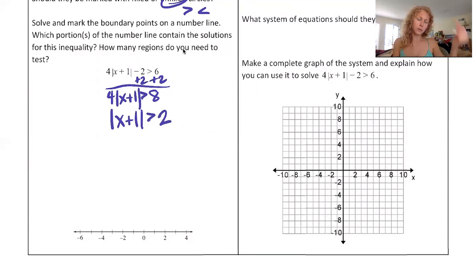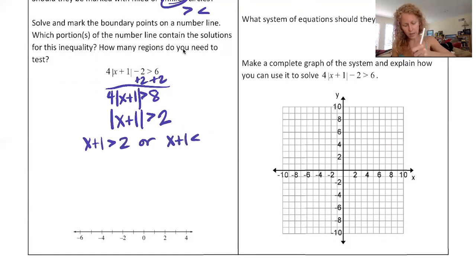Now it will split. So here's an option: you've got x plus 1 is greater than 2, or you have x plus 1 is less than negative 2. Remember, with absolute values, you've got a positive and a negative option that are both going to turn into that number when you take it out of the bars.